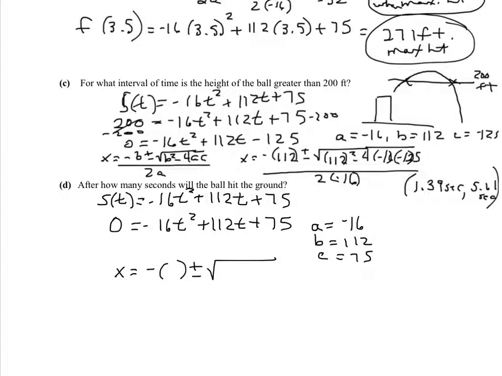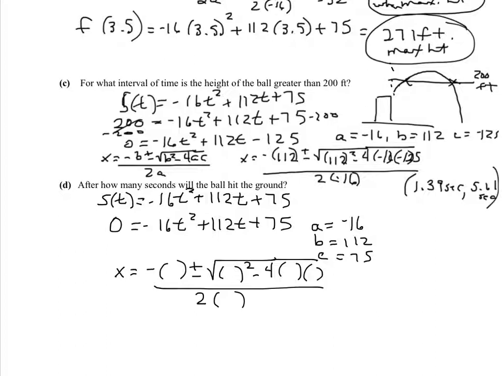remember I've got a plus and I've got a minus. Now here's what we have to be careful on this one. When I plug in one of these values, I'm going to end up with a negative number. And the reason is, if you look at the diagram back up here, we started 75 feet in the air.